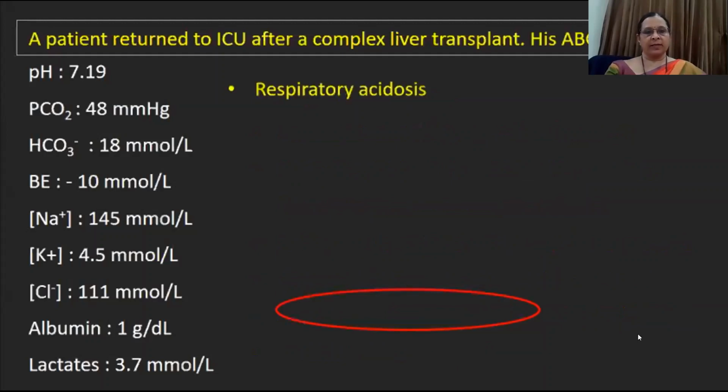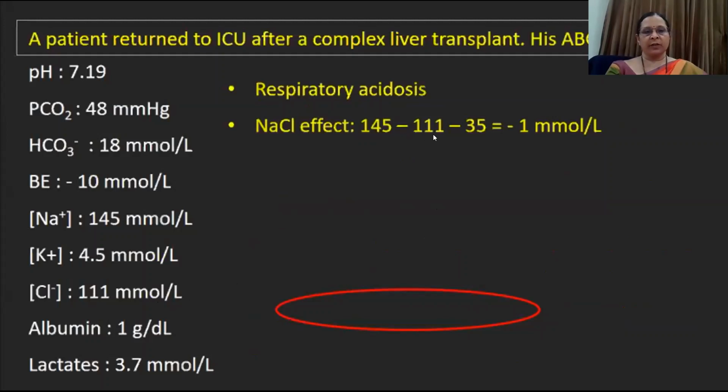For the same patient, we will use the David Story approach. We know there is respiratory acidosis. We know there is metabolic acidosis also. So we are now calculating based on the David Story approach. What is the sodium chloride effect? 145 is the sodium, minus 111 is the chloride.